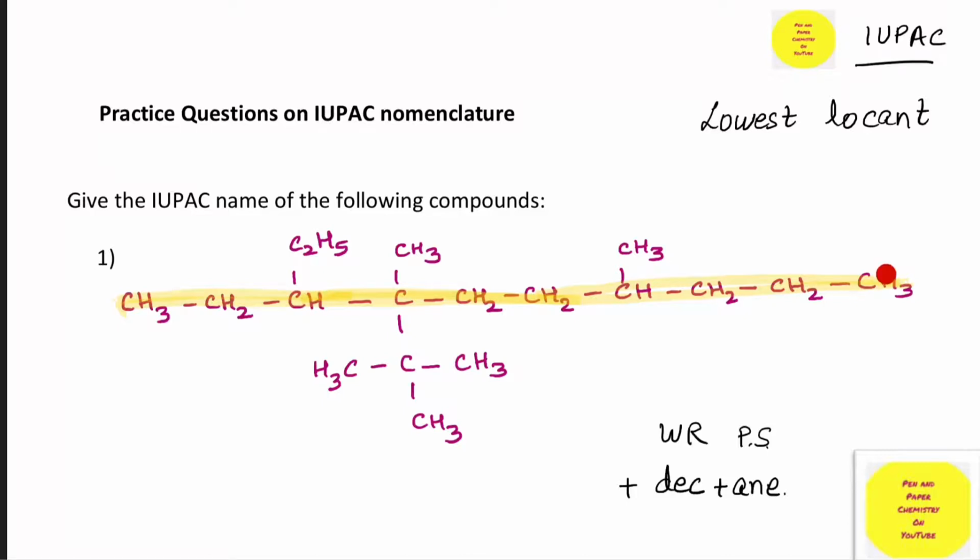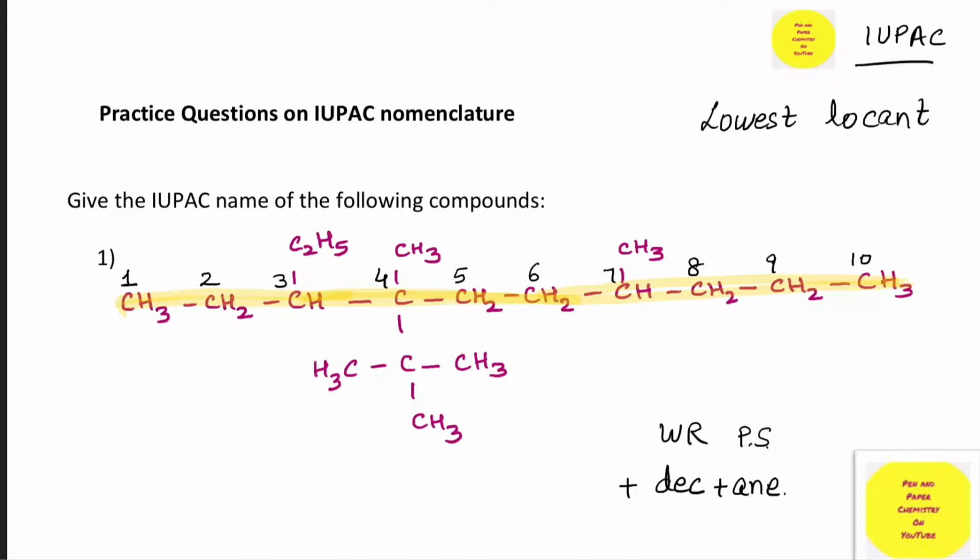Whereas if I number it from the right hand side, 1, 2, 3 and 4. Oh, look at that. 4 is bigger than 3. So which is the smaller number? We know our maths, right? So our smaller number is 3. So we start numbering it from the left hand side: 1, 2, 3, 4, 5, 6, 7, 8, 9 and we have here 10.